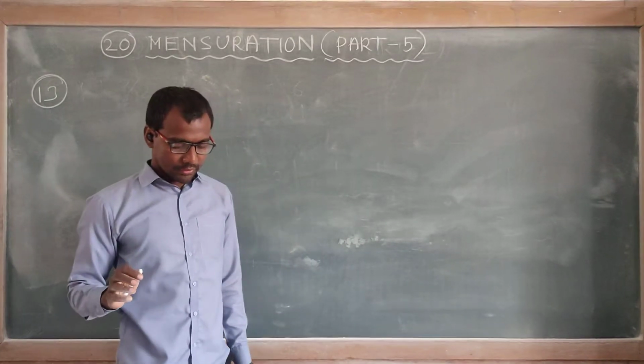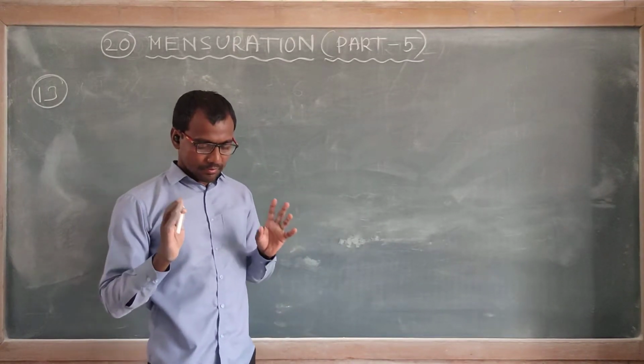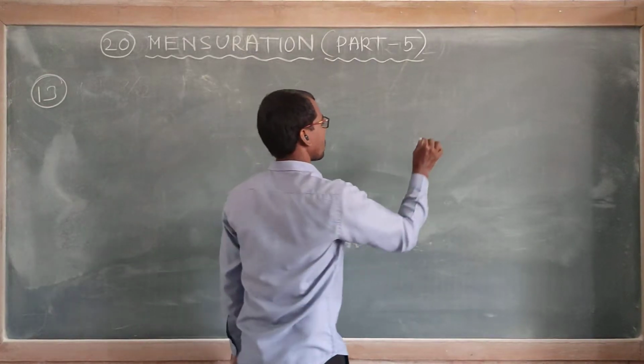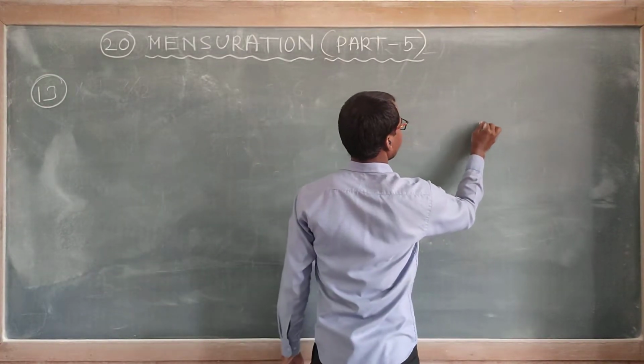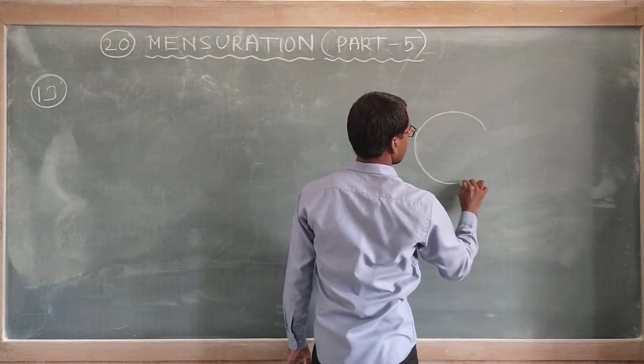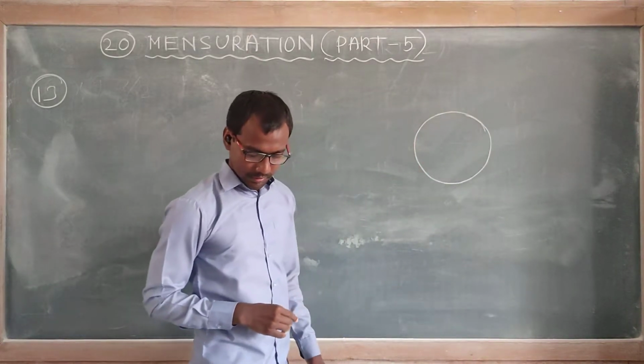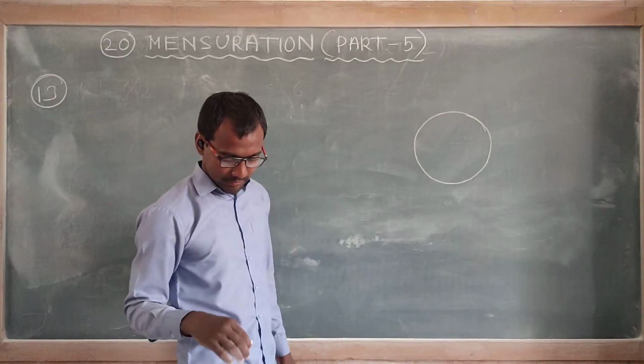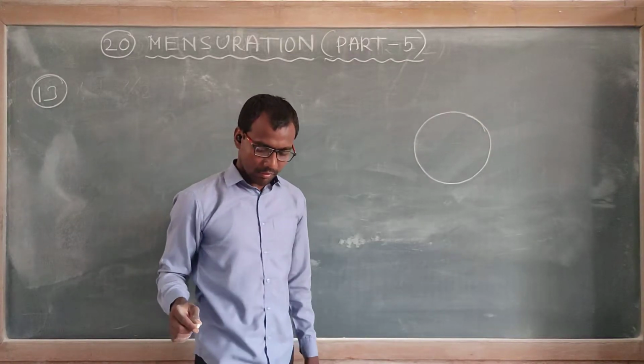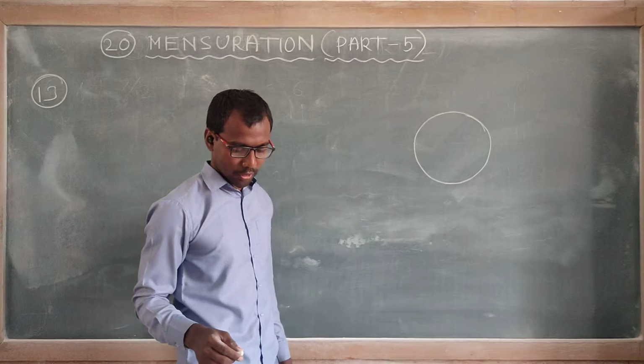The circumference of a given circular park is 55 meter. There is a circular park like this. Okay, its circumference is 55 meter, it is surrounded by a path of uniform width 3.5 meter.